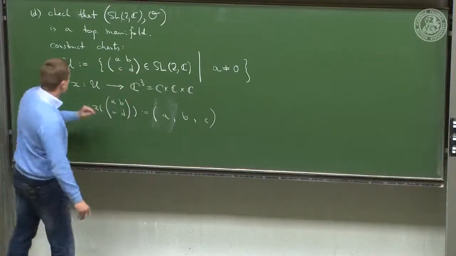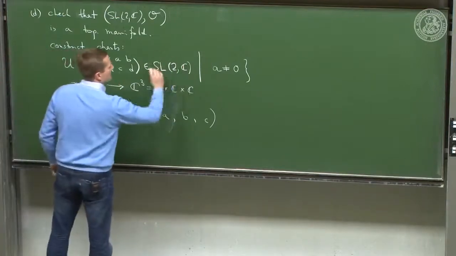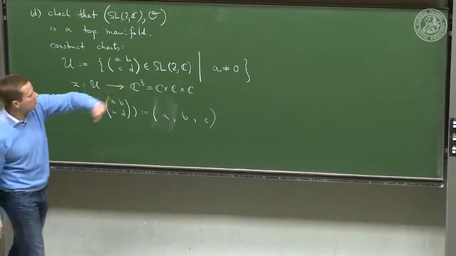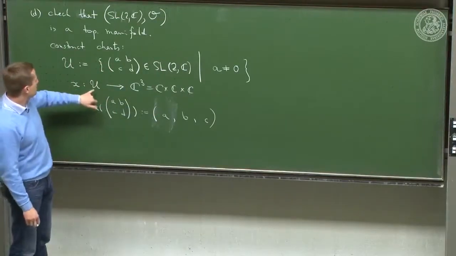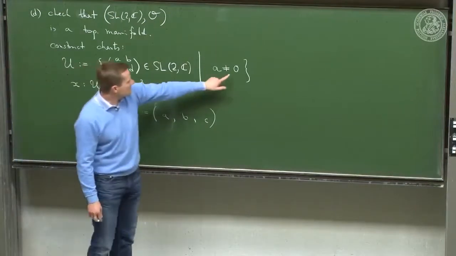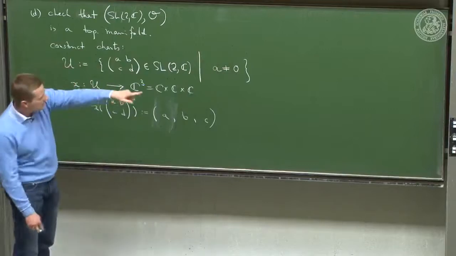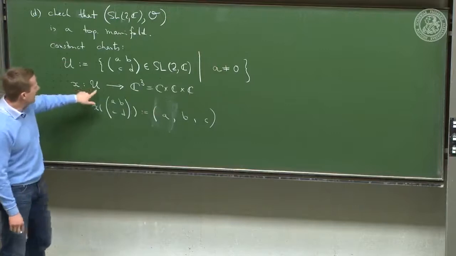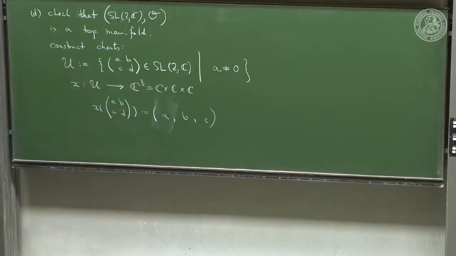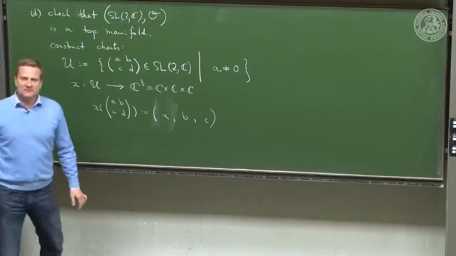So this is a map. It goes from here to here. SL2C being a topological space, I can decide what it means for this to be an open set, because I say not equal to 0. This produces an open set in that topology. And I can now decide whether this map is continuous.